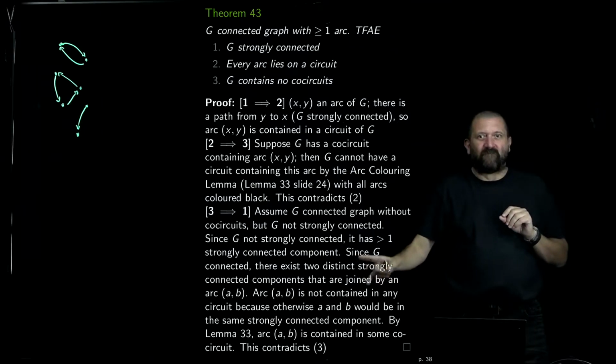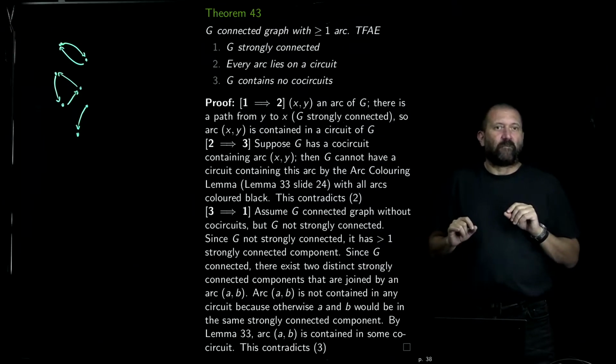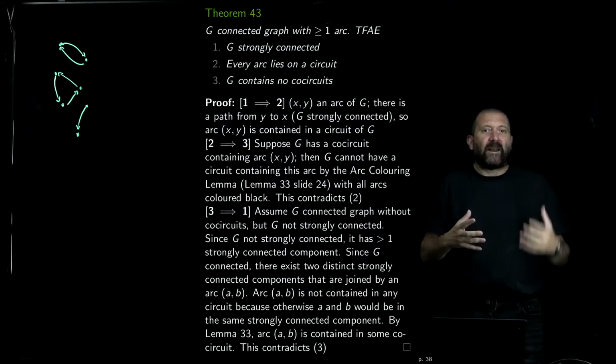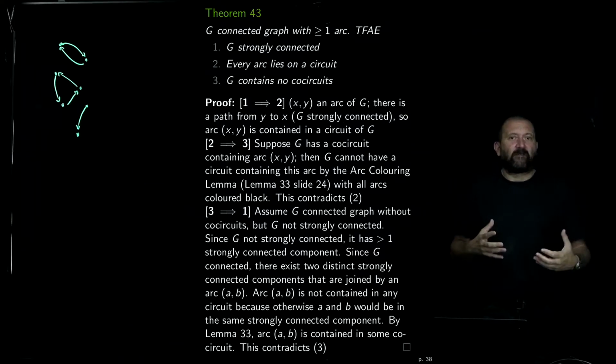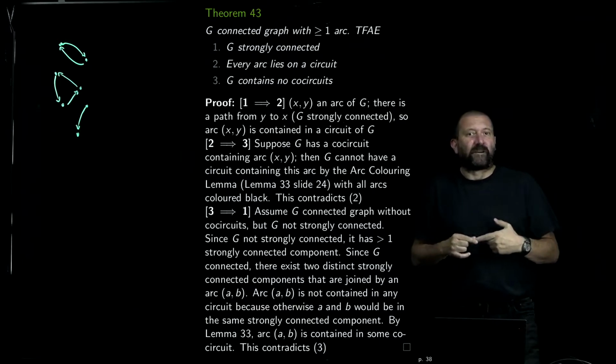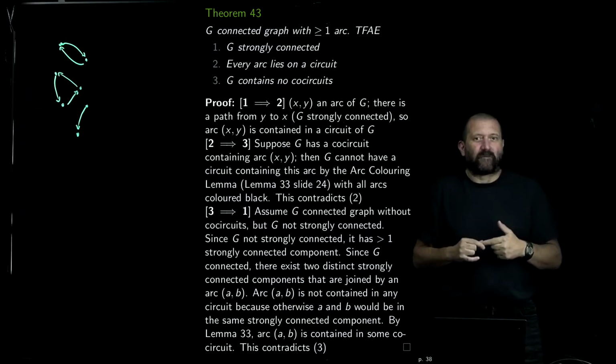But that arc AB is not in a circuit, because otherwise A and B would be part of the same strongly connected component.